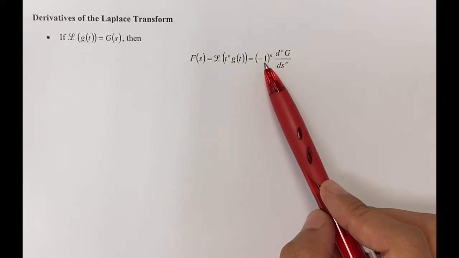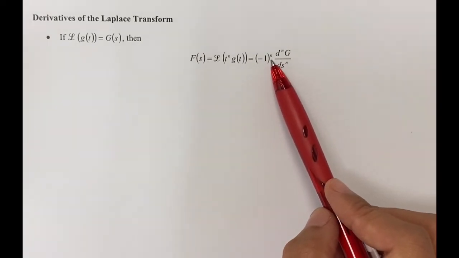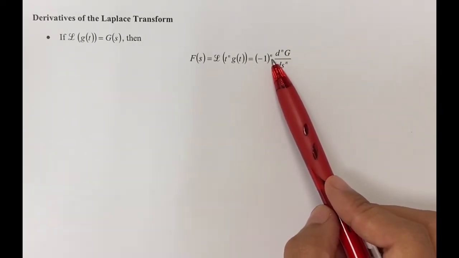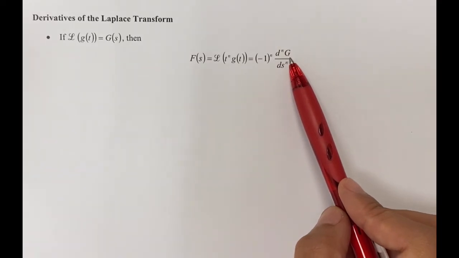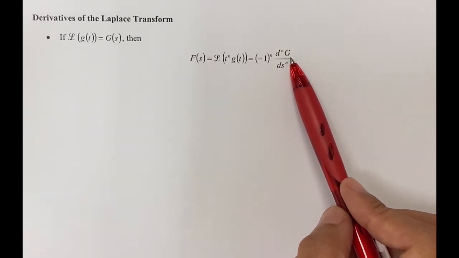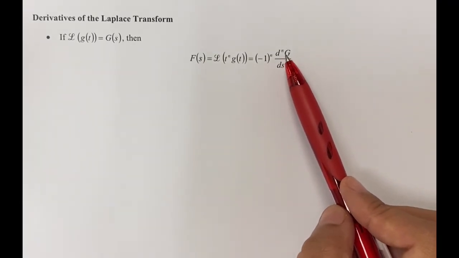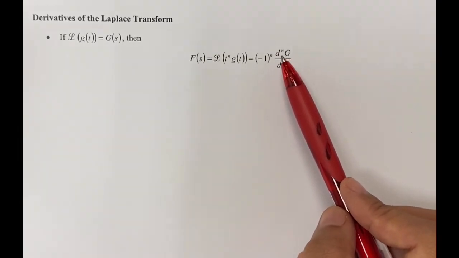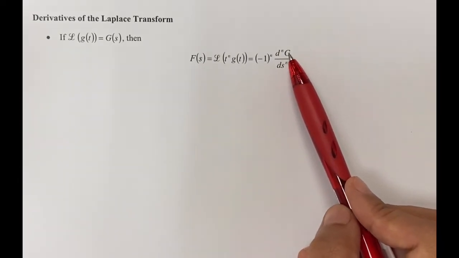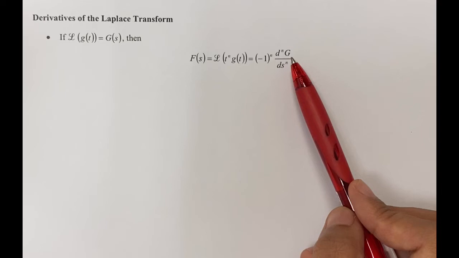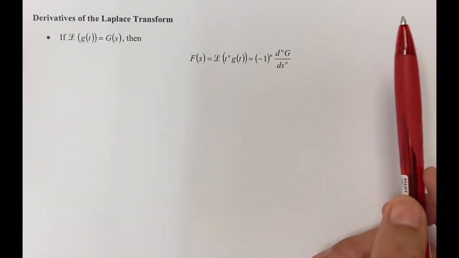You need to determine what is n, and then negative 1 to the power of n, and then you need to find the derivative of G(s). It depends on the value of n. If n is equal to 1, you just need to find G prime. If n is equal to 2, you need to find G double prime, and so on.